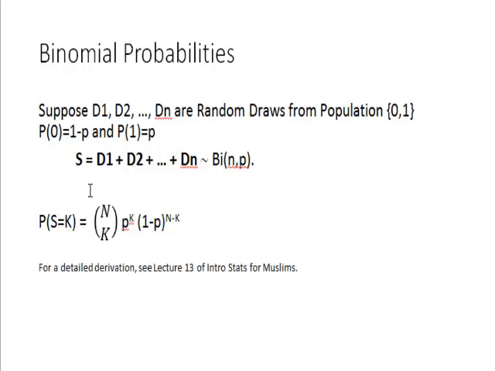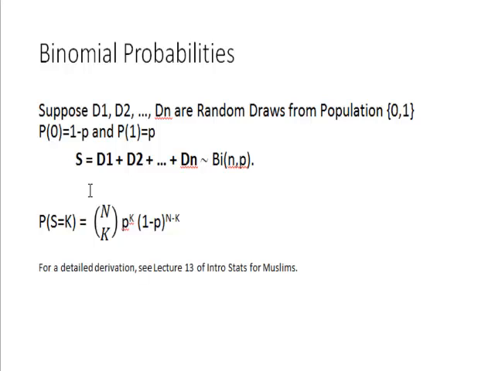Now I can take the sum of all of these zeros and ones, which is D1 plus D2 plus up to Dn. Basically S is the number of successes. It just counts the number of successes. So this number of successes, S, is a binomial random variable with N being the total number of trials and P being the success probability.